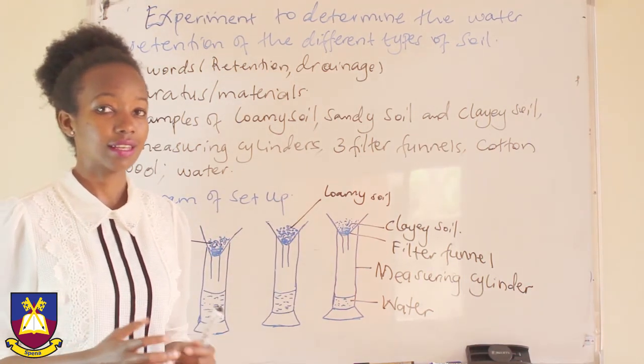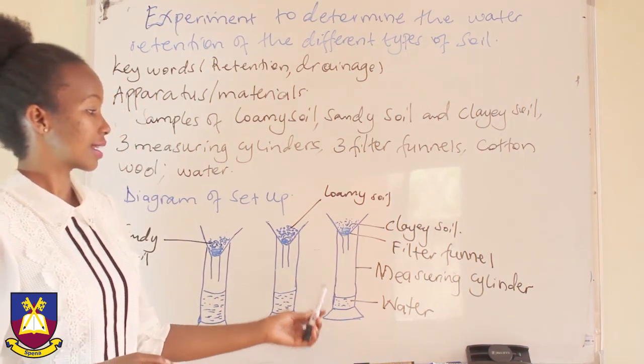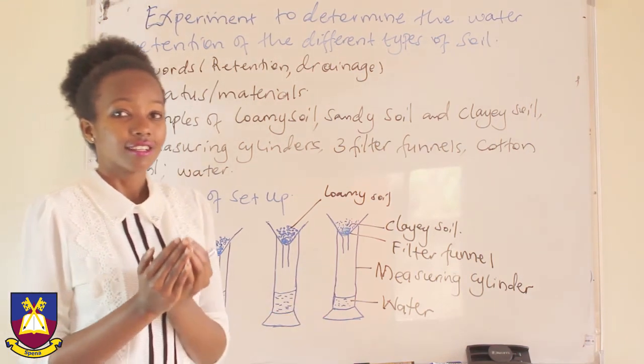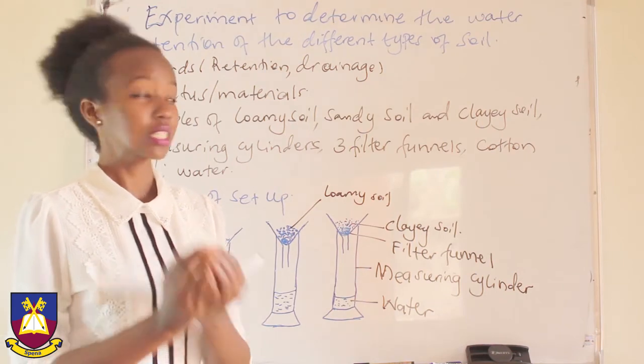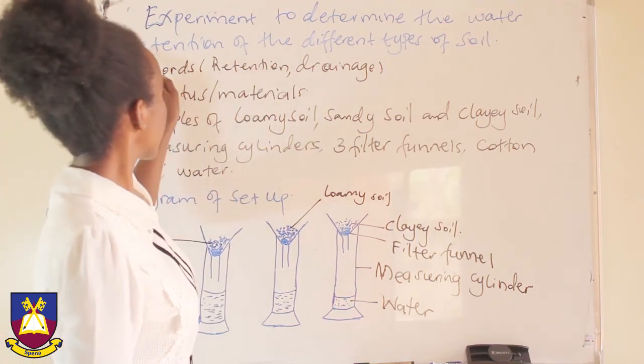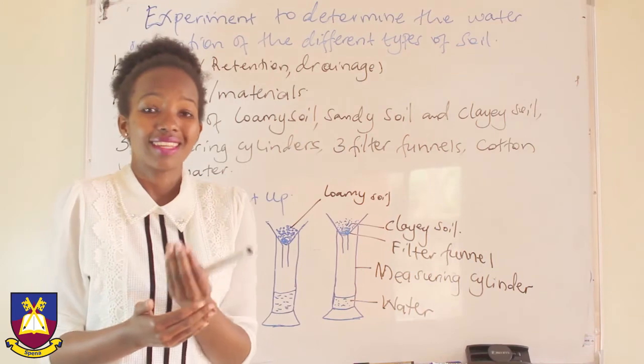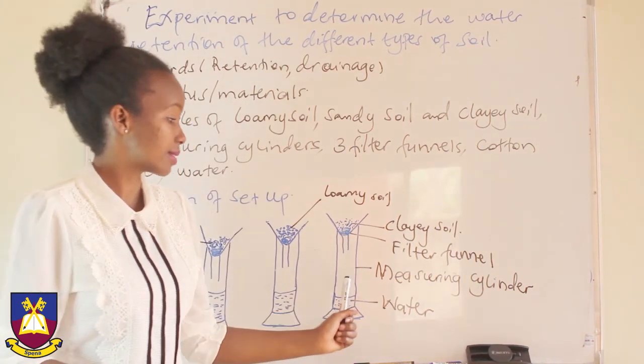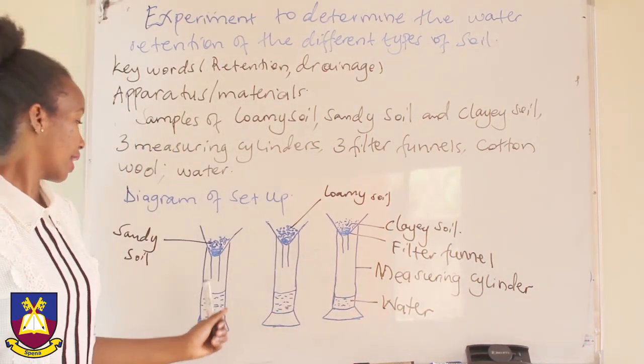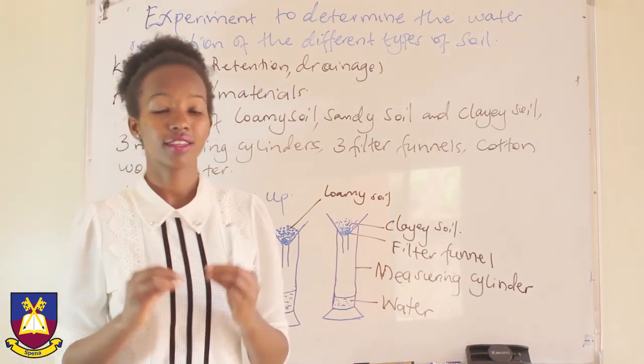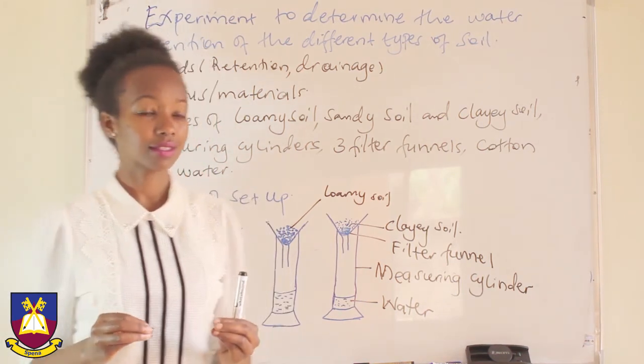So what does that tell us? It confirms that clay soil has the greatest water retention, the greatest water holding capacity, followed by loamy soil, and sandy soil has the poorest water retention capacity.